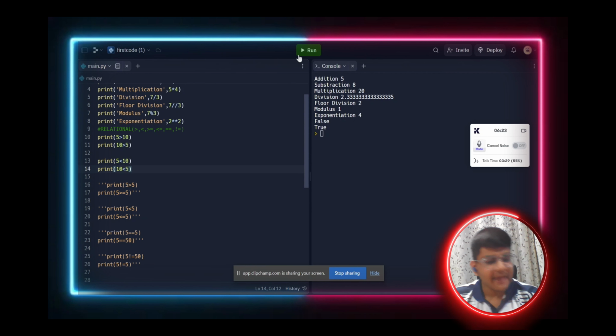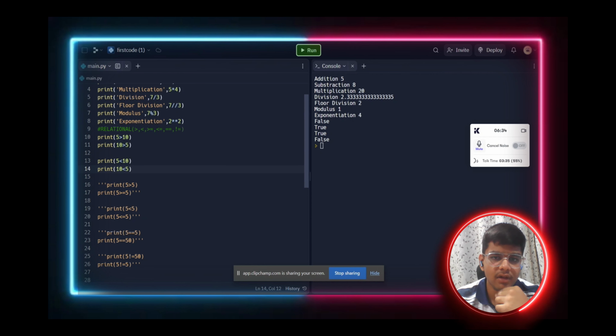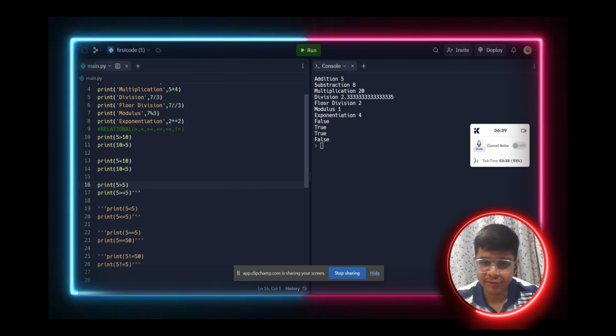The less than symbol does the same work, as its name suggests. Here print 5 less than 10, which is obviously true, and 10 less than 5 is not true, that's why it is false.